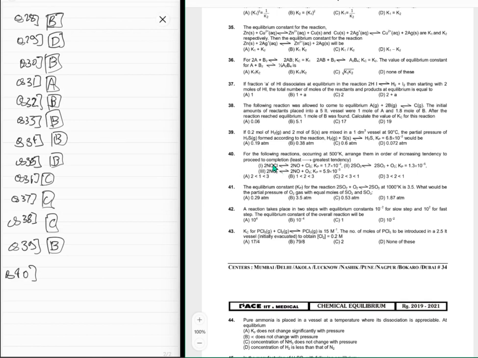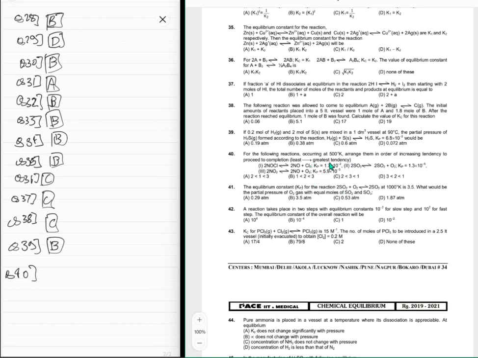Because all of these reactions are pretty much the same reaction except for different reactants and products and different KP values, your alpha increases if your KP increases as well, right? So which of them has the biggest KP?